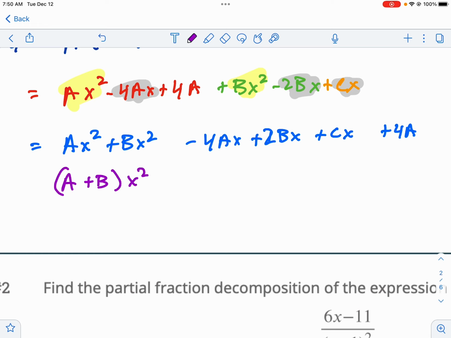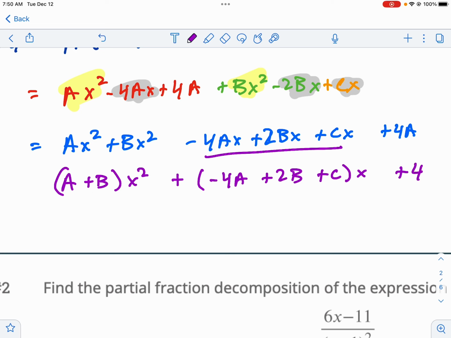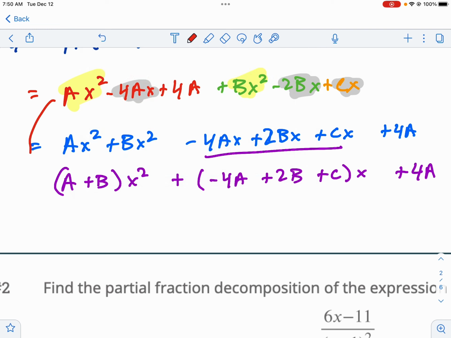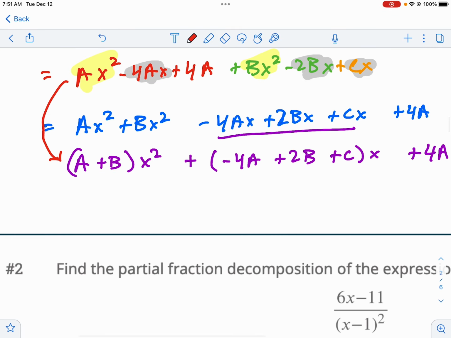I can factor our x from these three. Let's do a plus b, times x squared, plus negative 4a plus 2b plus c, times x, then plus 4a. So you can actually, if you're comfortable, go from this step straight to that step. You can skip that intermediate middle step if you want. If you need to write that middle step, that's fine too.